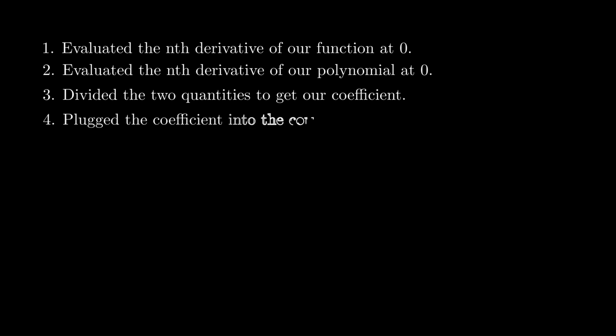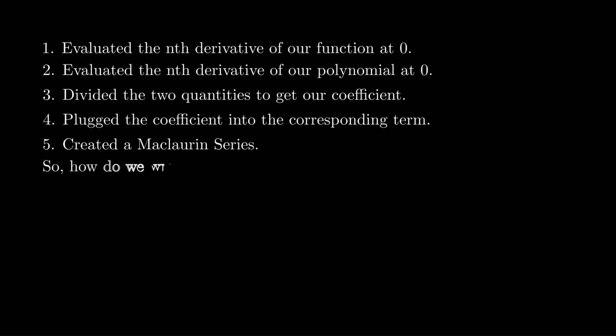Because of the power rule, the exponents will end up cascading down, creating that n factorial. All of that times x to the power of n, the corresponding term. This is the definition of a Maclaurin series, or a power series that approximates a function.